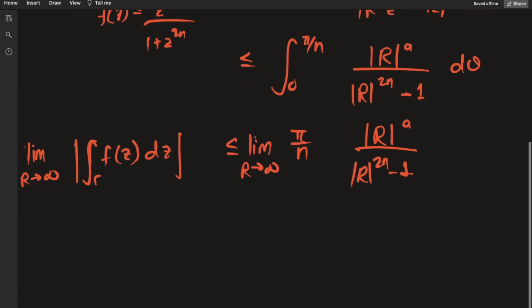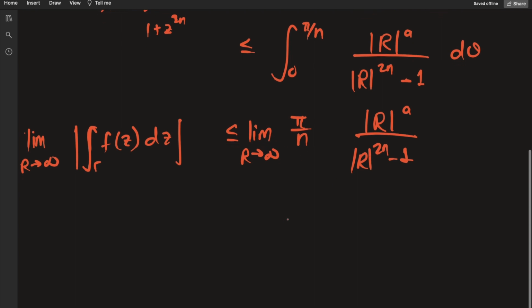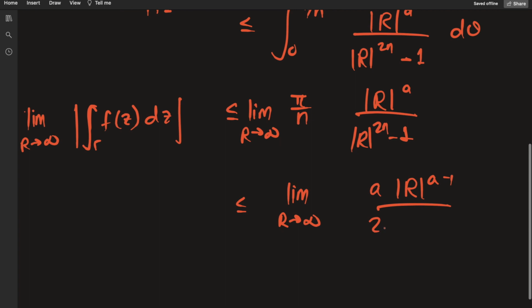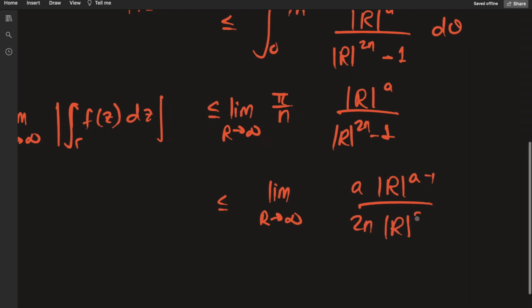And notice that for this limit to exist, the denominator has to be larger than the numerator, because if you keep doing L'Hopital's rule, you're going to end up with, say, a minus 1, 2n, r to the 2n minus 1. This is going to cancel out.